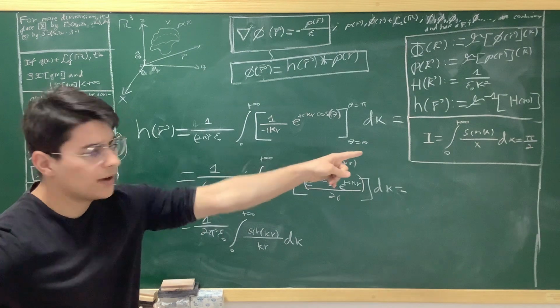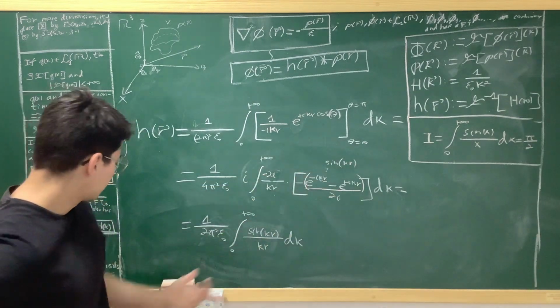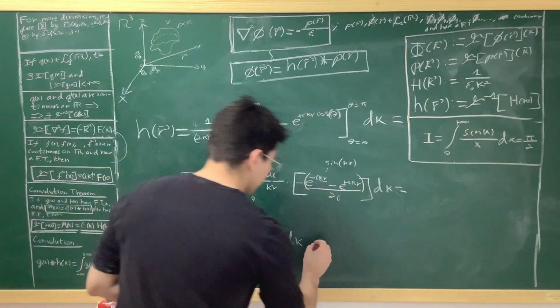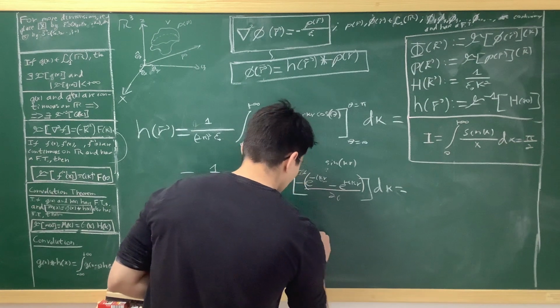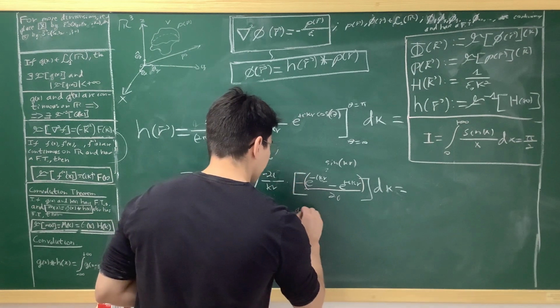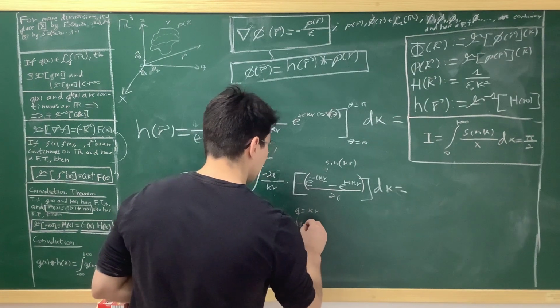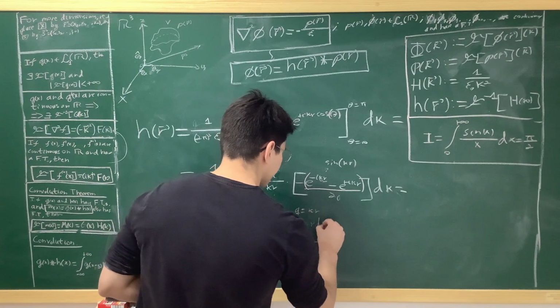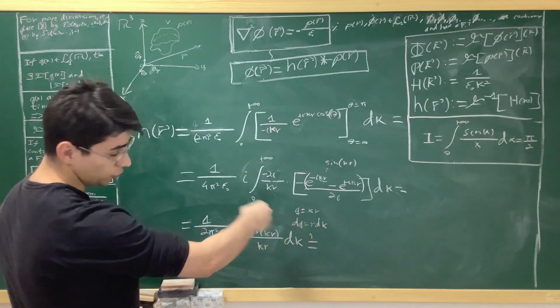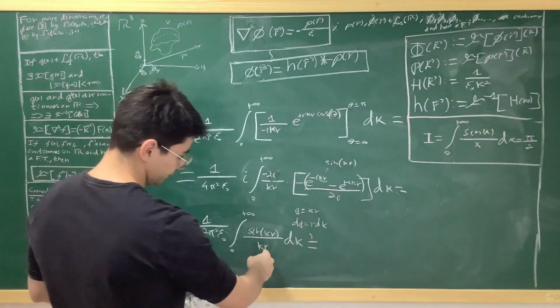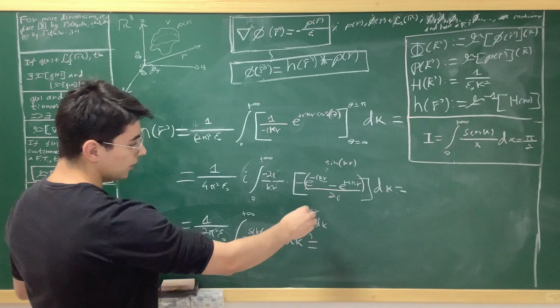So, well, but we don't have that expression, we have this. We can just do the following change of variables. Here, just call q equals kr. The dq is just r dk. So dk is just, assuming r is not 0, of course, well, because it's dividing here.